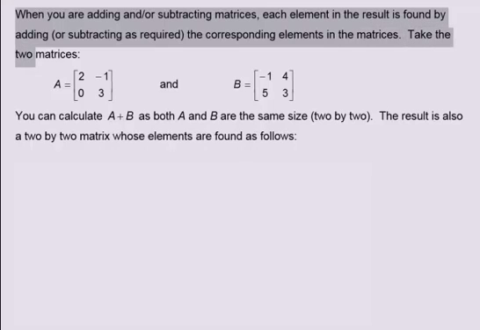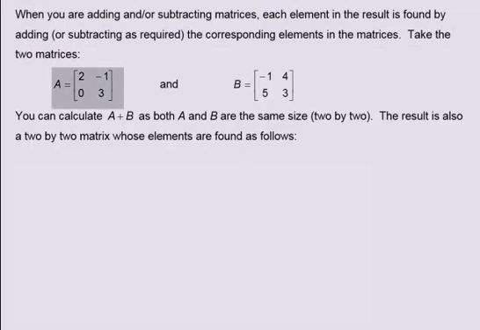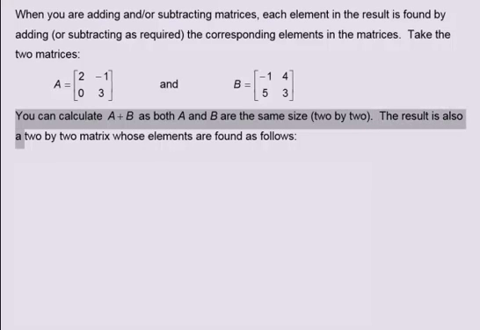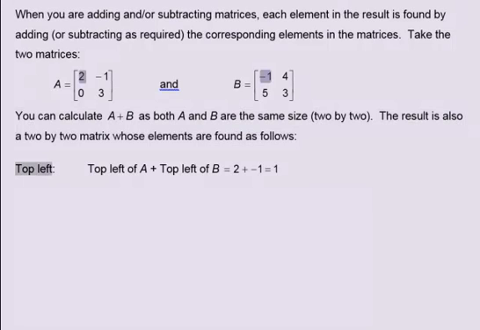Take the two matrices A and B. You can calculate A plus B as both A and B are the same size, 2 by 2. The result is also a 2 by 2 matrix whose elements are found as follows. Top left of A plus top left of B equals 2 plus minus 1, which equals 1.